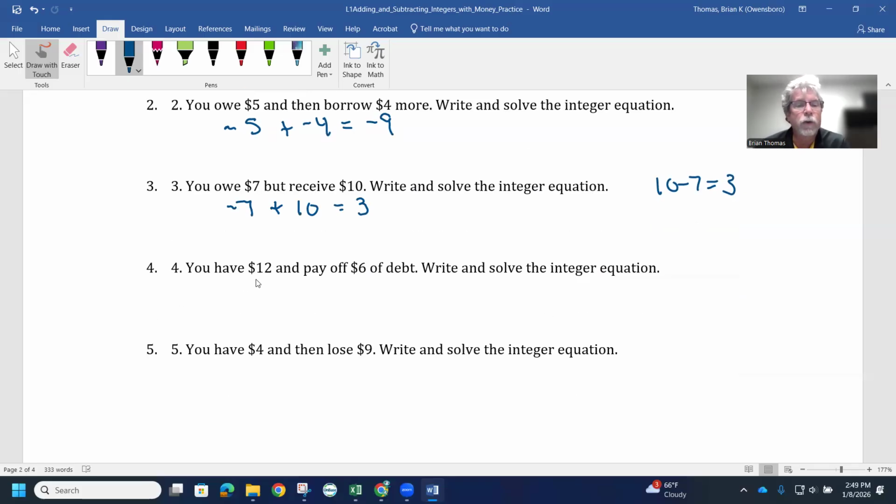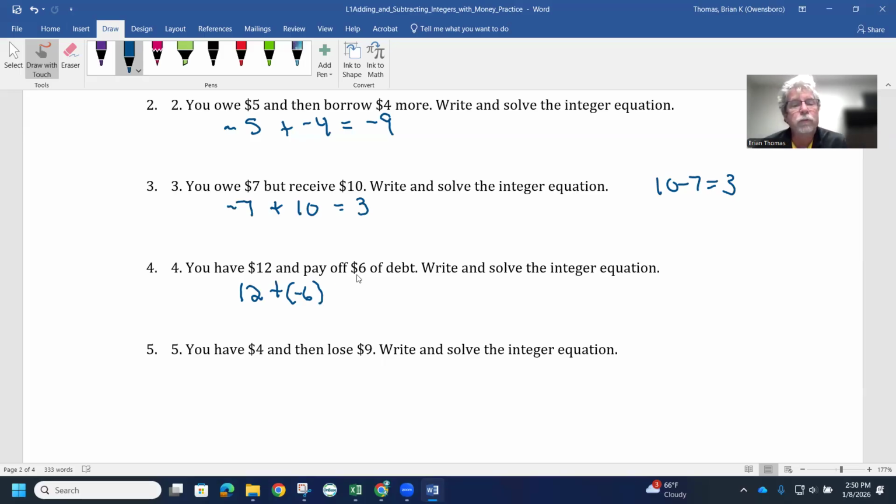If I look at this example, you have $12. Well, that means you are starting with 12 and you pay off a debt of $6. Well, paying off a debt means you're removing $6 of debt. So if I'm removing $6 of debt, does that look right? Nope, that doesn't look right, does it? Paying off means I'm going to be losing, or I'm going to be combining that with a $6 debt.